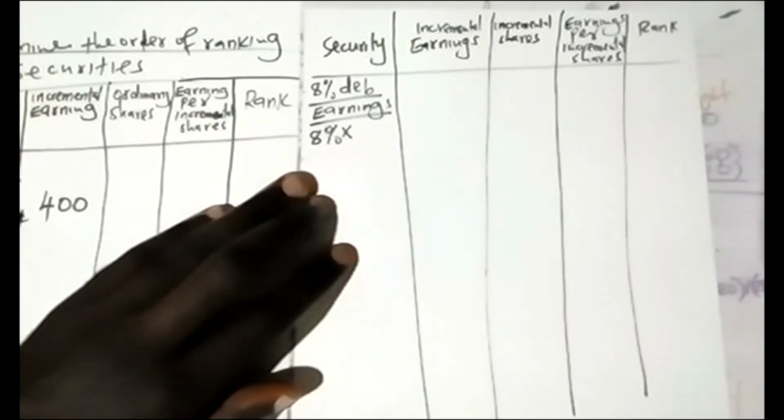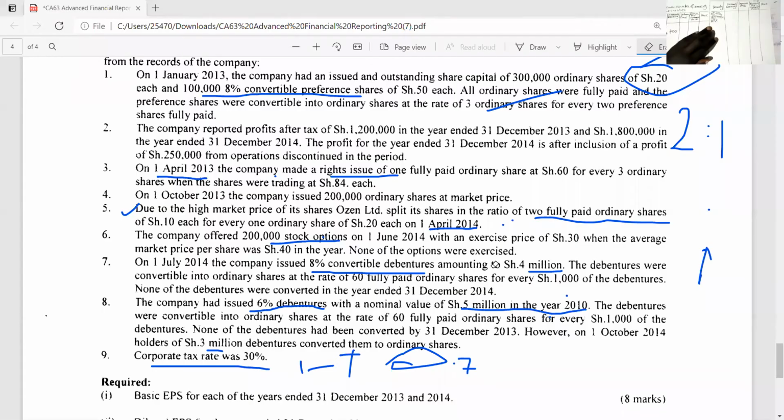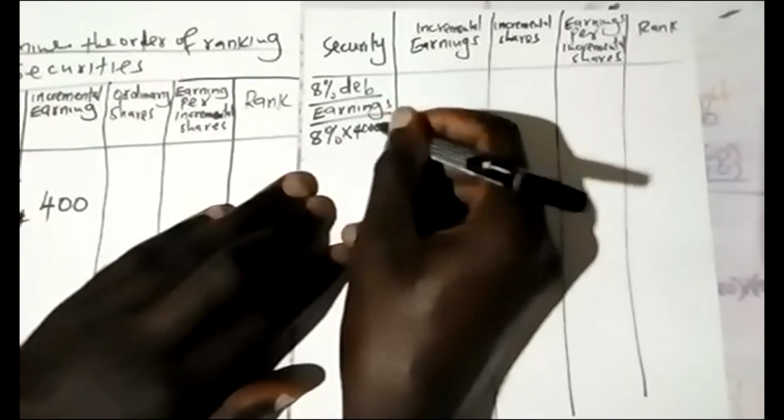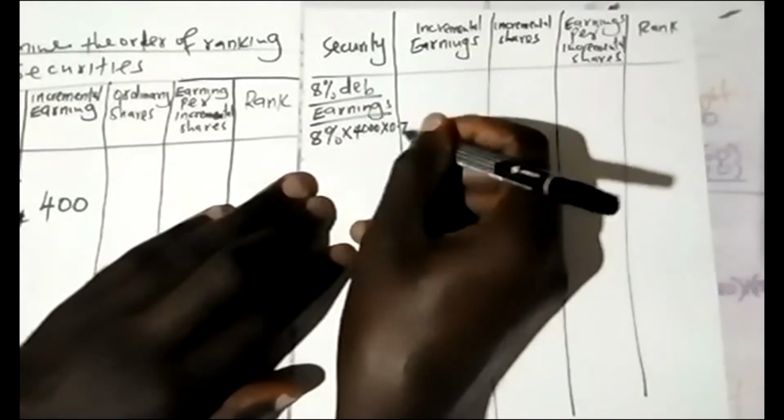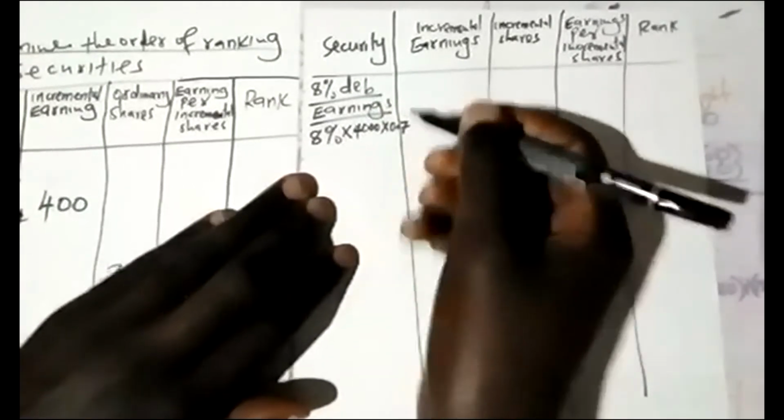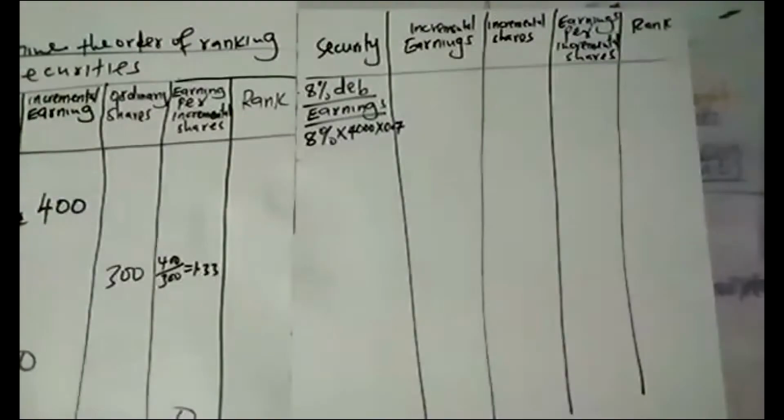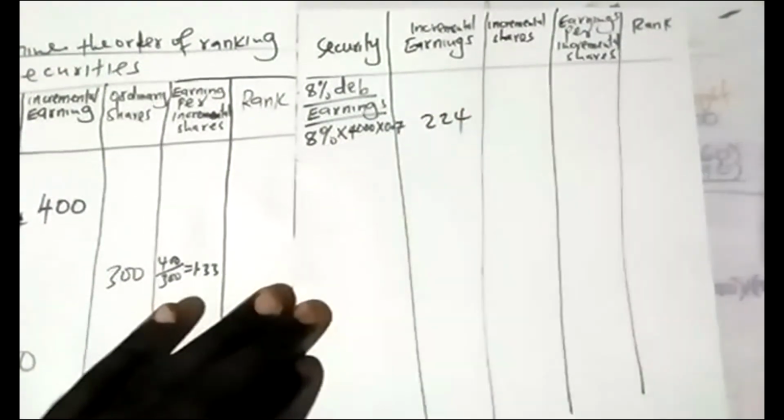The debenture was 4 million, so you multiply with 4,000, then you multiply with 0.7. Since the return from this one is interest, you have to apply the tax shield. So what are you getting there? $224.